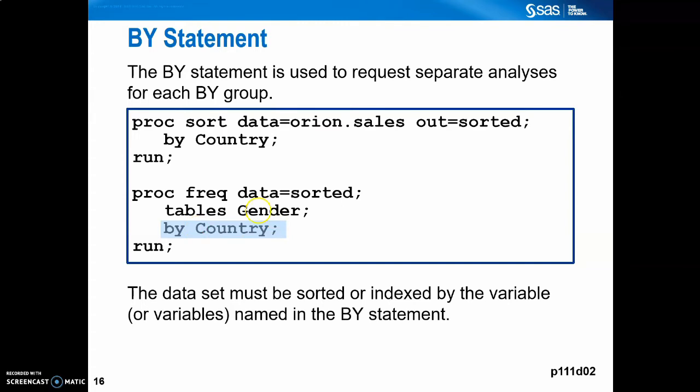This means we will produce gender tables, but separately for the two countries. But you have to remember that you have to use PROC SORT, in which, in the BY statement, you have to state the country.